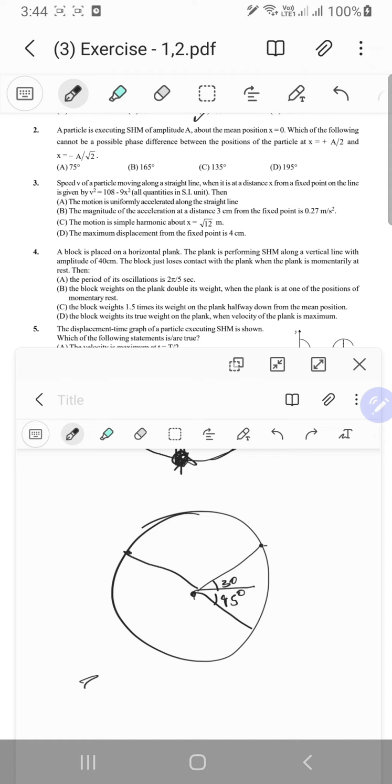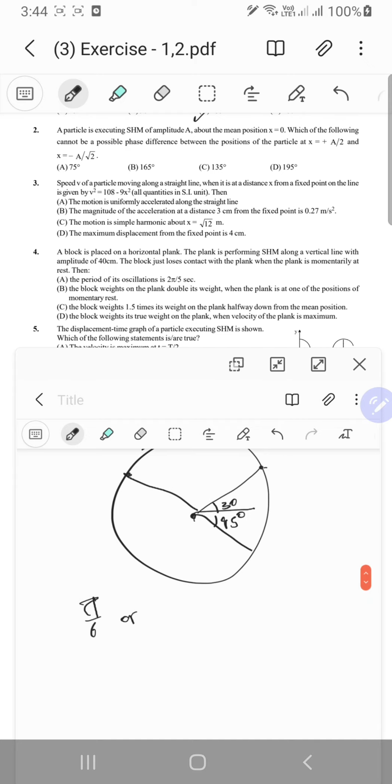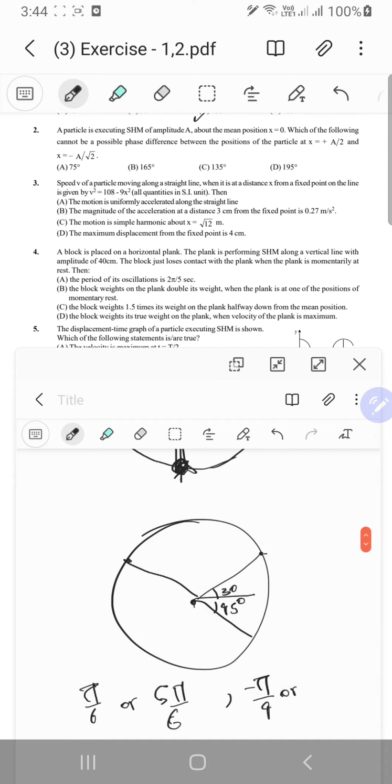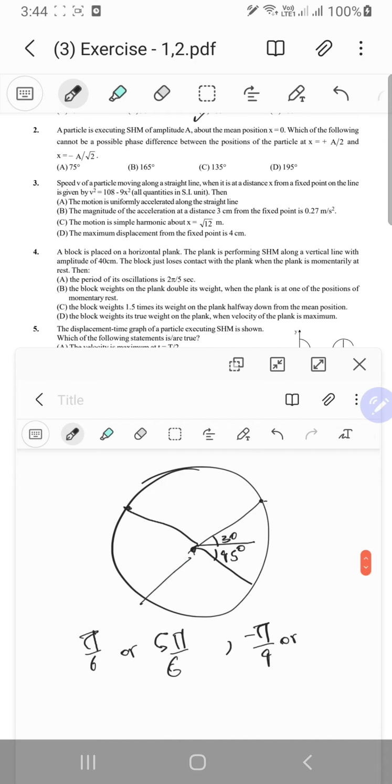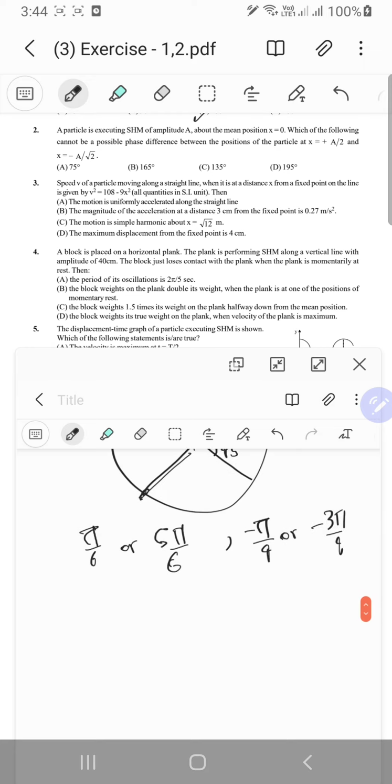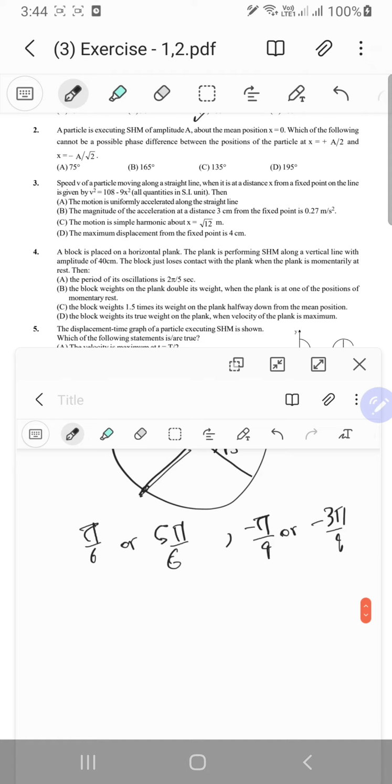So it can be pi by 6 or 5 pi by 6, and this thing can be minus pi by 4 or, what else do we have, or it can be this thing, which is I guess pi plus pi by 4. So like pi minus pi by 4, which would be minus 3 pi by 4. Cool. So it's gonna be 4 combinations.